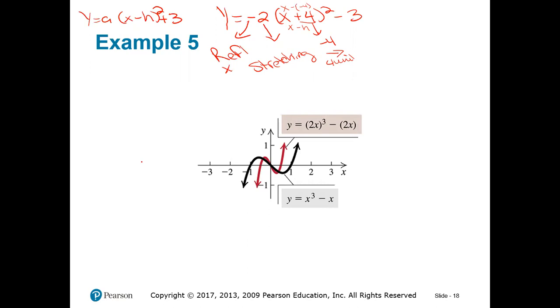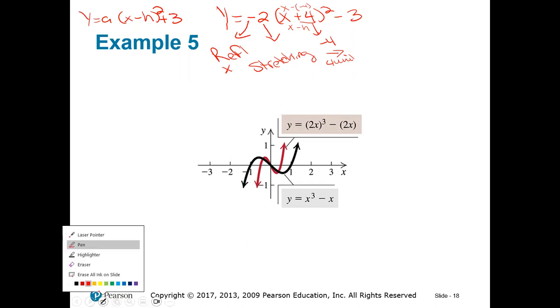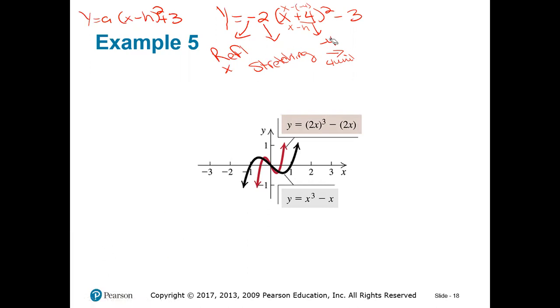Oh, I'm sorry. It's negative, not right. We're going to move to the left, -4 units. And then this here, remember it was plus k, but it's a -3, so that means it was a negative. So we're going to move down 3 units, okay?